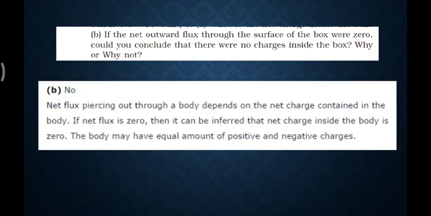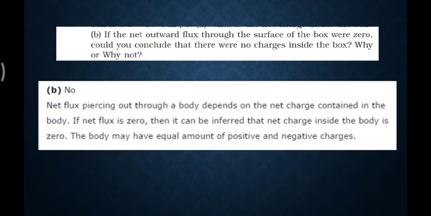When the overall or resultant flux through the surface is 0, it does not mean that there is no charge inside that Gaussian surface, whether it is a box, a cylinder, or anything. So the earlier statement we made is wrong. The net flux passing out through the body depends on the net charge enclosed in the body.